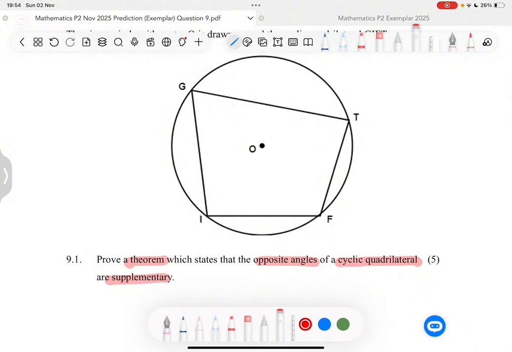In other words, they make a revolution. And we know somewhere in grade 7 or so that angles around a point add up to 360 degrees. So I'm going to argue here to say angle O1 plus angle O2 is equal to 360 degrees. Why? Because these are angles around a point.